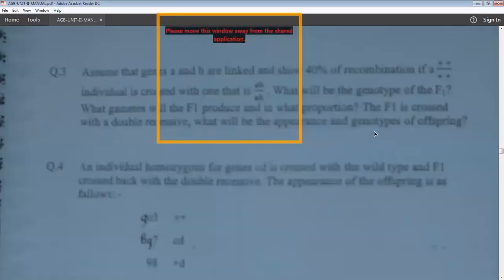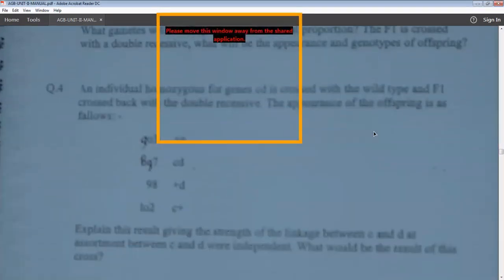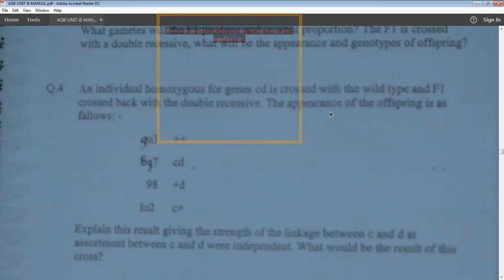We'll move further. If an individual homozygous for genes CD, this page is a bit blurred, is crossed with the wild type, and the F1 is crossed back with the double recessive, the appearance of offspring is as follows.